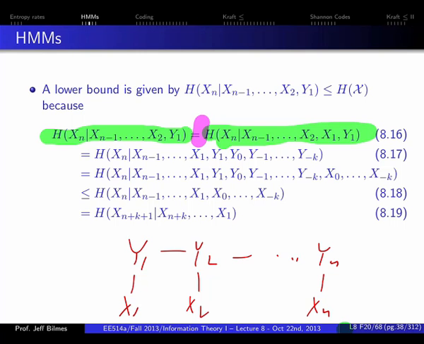So we're looking at the entropy of this one given all this stuff here, and this one. In other words, xn is independent of x1 given y1 and x2 through xn minus 1.